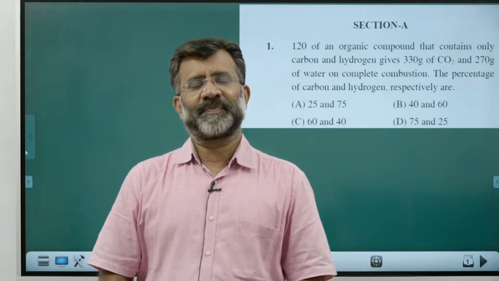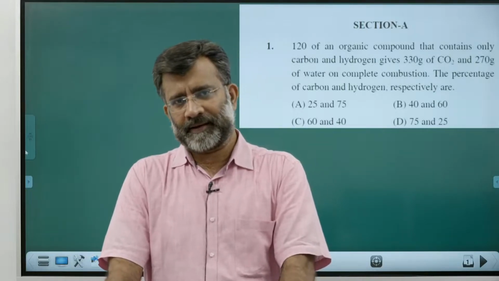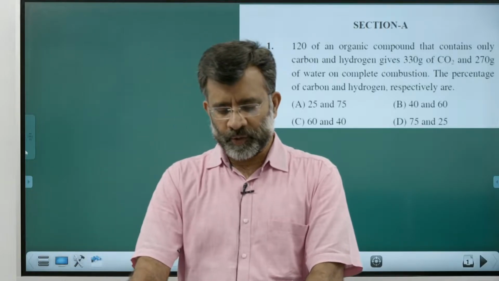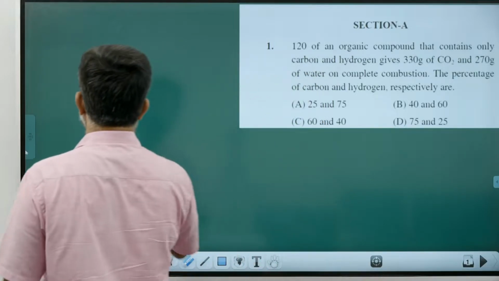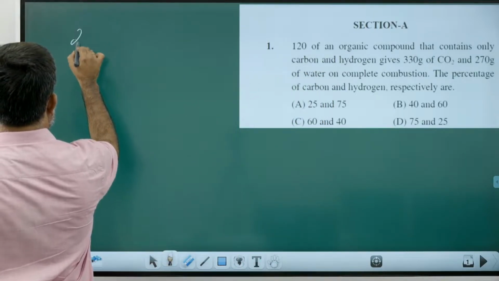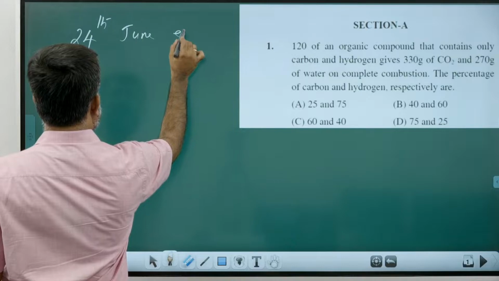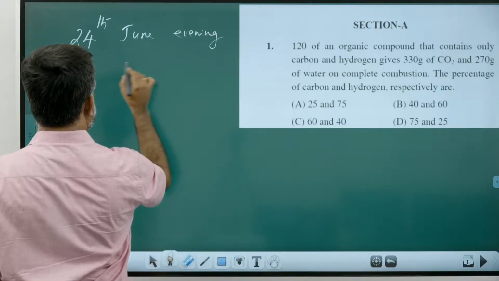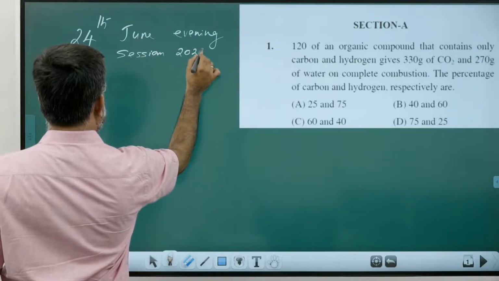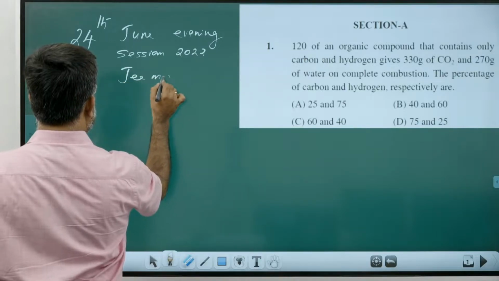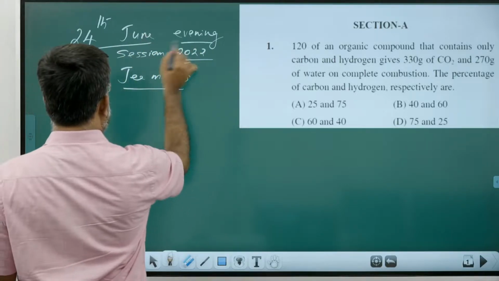In this session, we are going to discuss the JEE Mains paper conducted in the June 2022 session, the 24th June evening session paper.